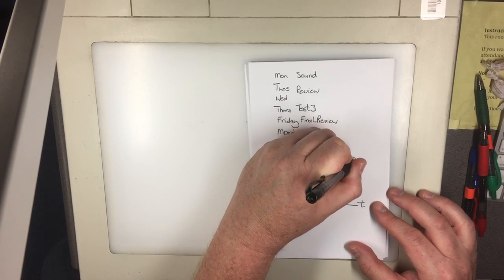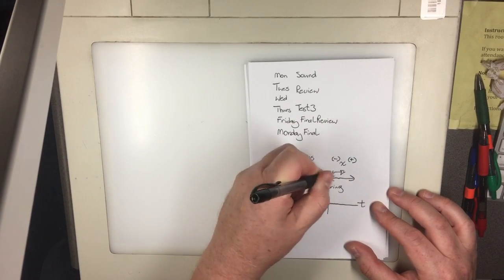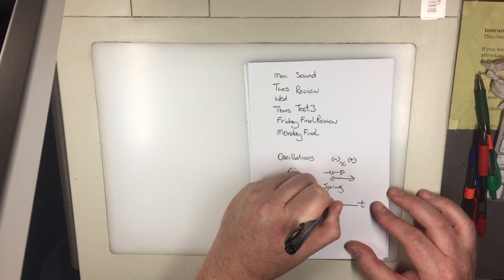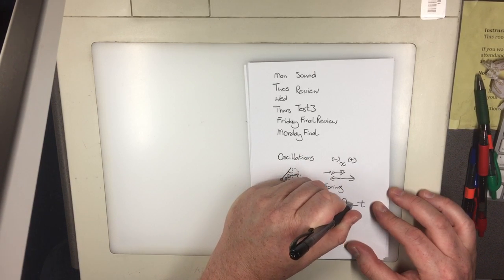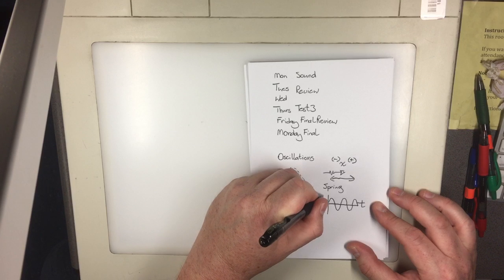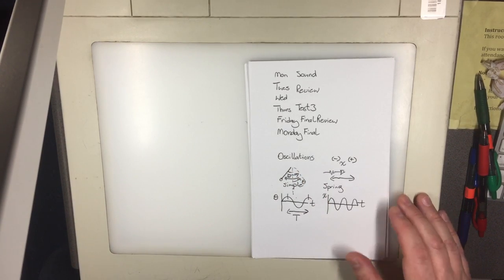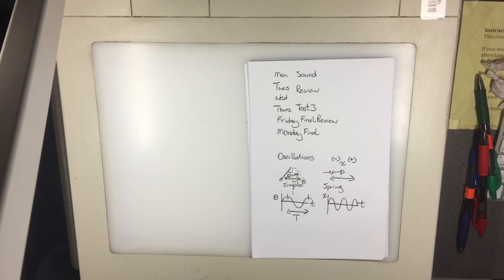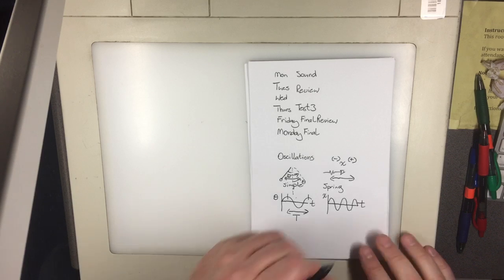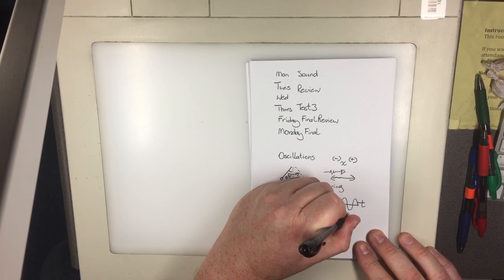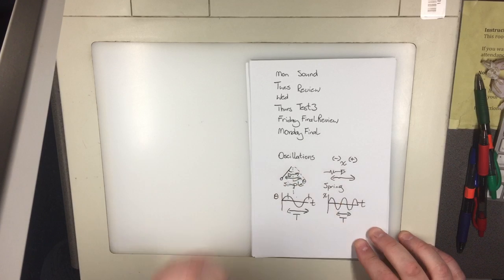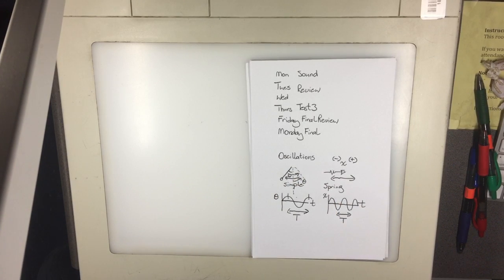If it's to the right, it's positive. And if it's bouncing back and forth, x would be on the vertical and t would be on the horizontal. And once again, the time between either peak to peak or trough to trough, we call that the period.